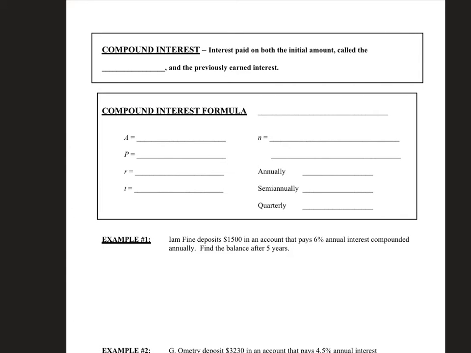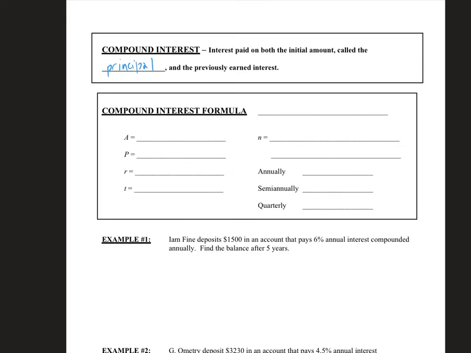All right, so like I was talking about before, compound interest is interest paid on the initial amount called the principal and the previously earned interest. So you're basically paying interest on the initial amount and also the previously earned interest.